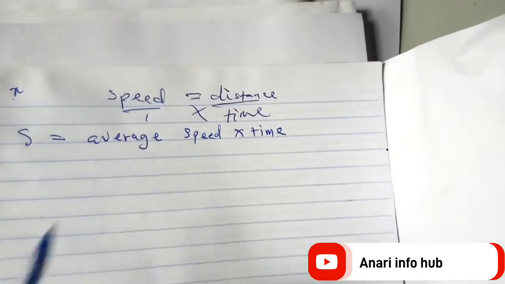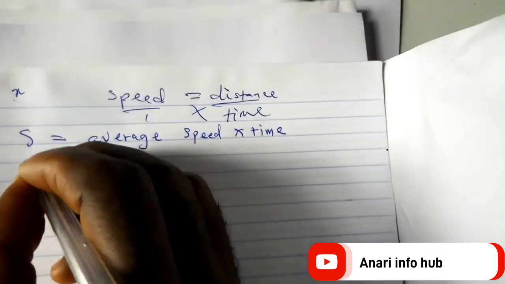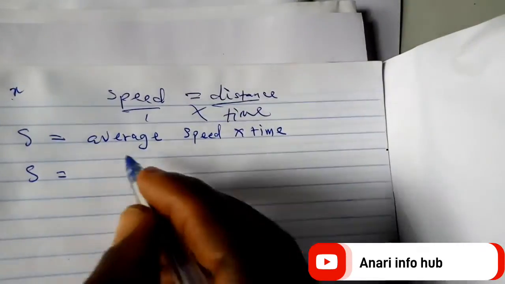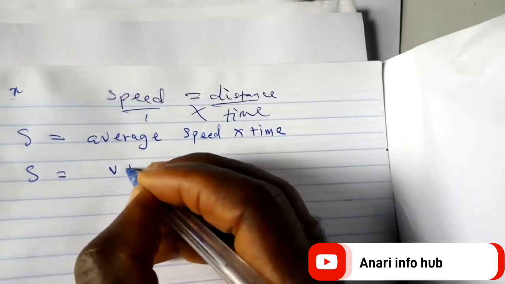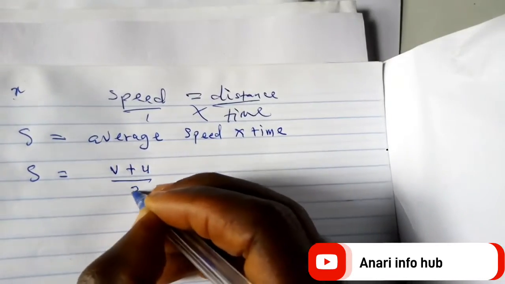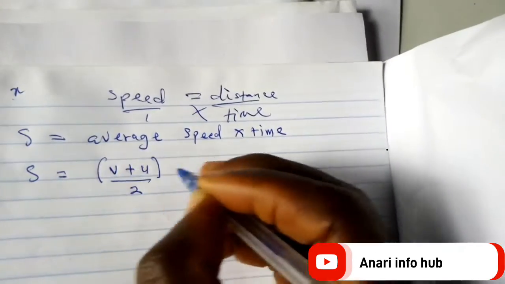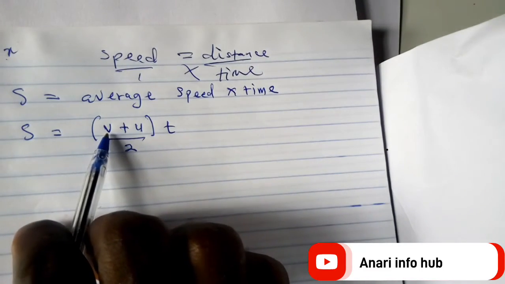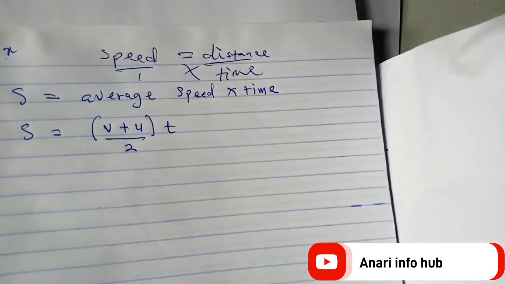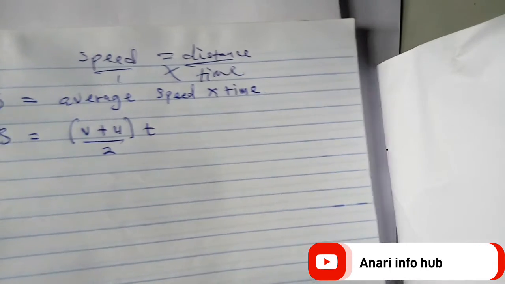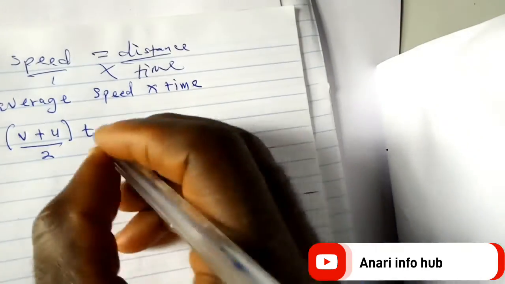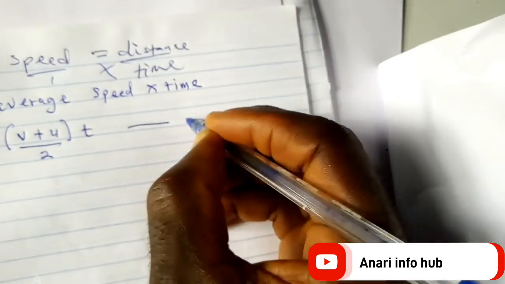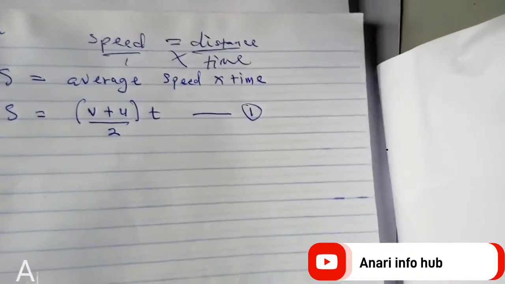That means that distance is equal to average speed times time, where average speed is (v plus u) over 2, times t. Remember that v is final velocity and u is initial velocity. Let's name this our equation number 1.